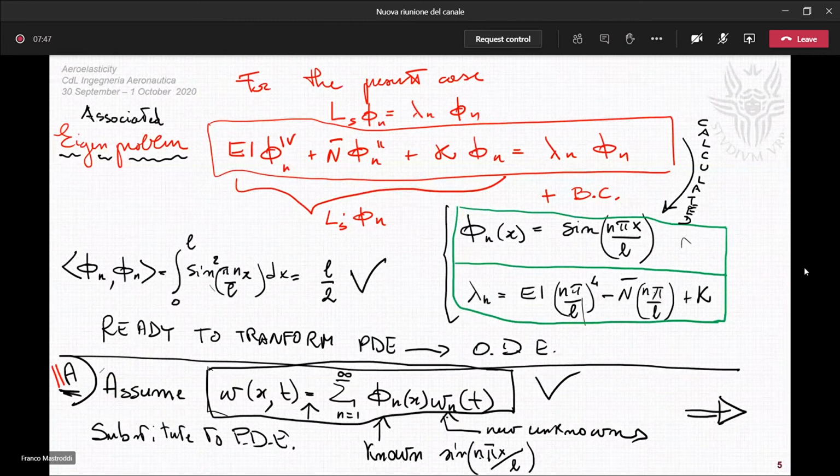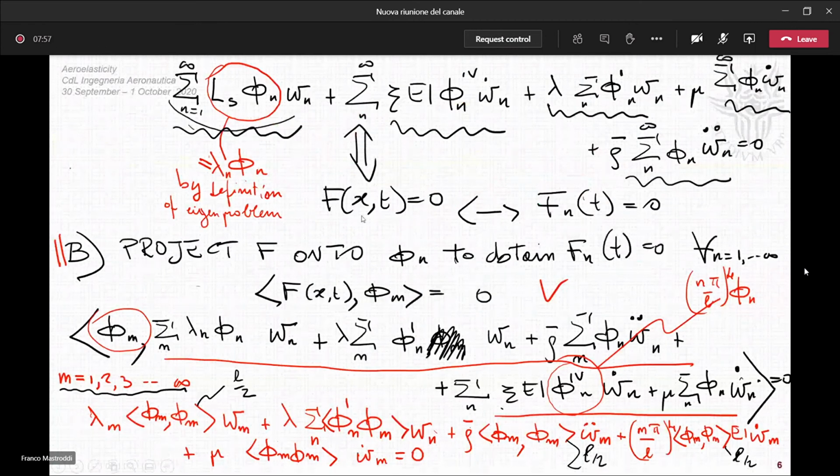So no approximation up to now. We are assuming point A, this for the solution, and then point B, project the original equation onto each phi n. So take this projection. Each of these projections will give to you a new set of ordinary differential equations.